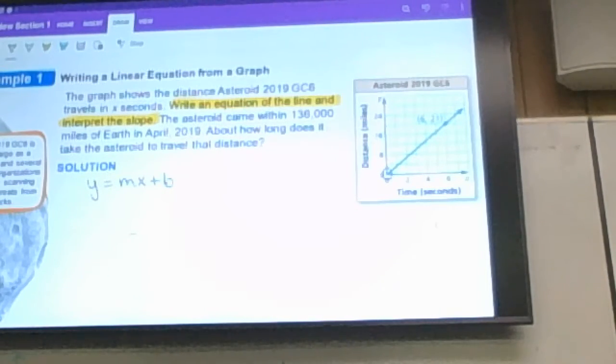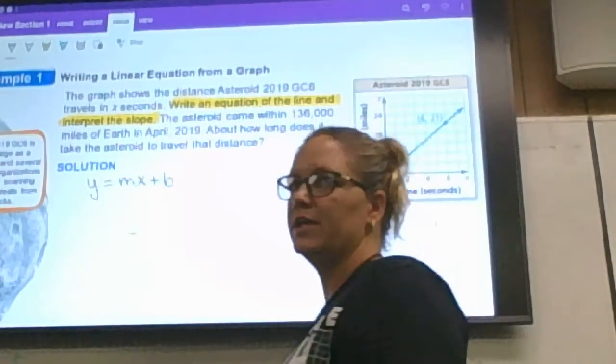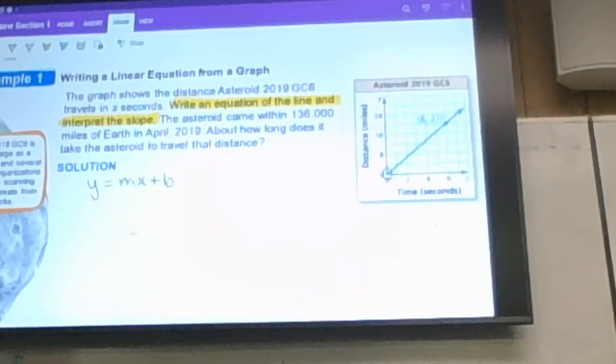You don't have to redraw the graph. Nope, you don't have to do that. The graph is provided on your assignments today. The graph is provided. You just have to come up with the equation and then explain it.